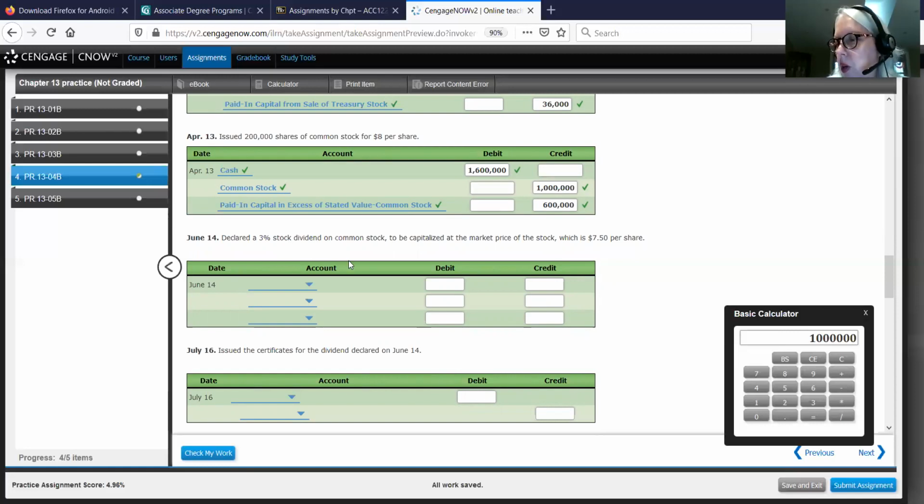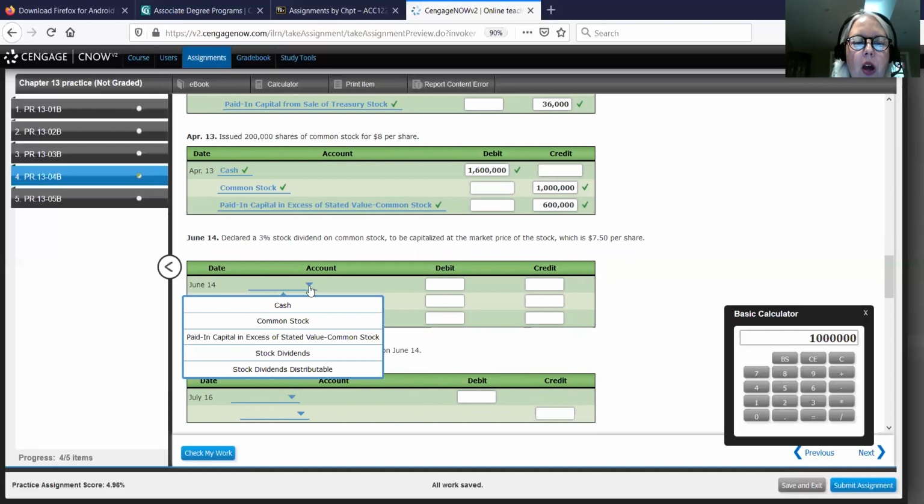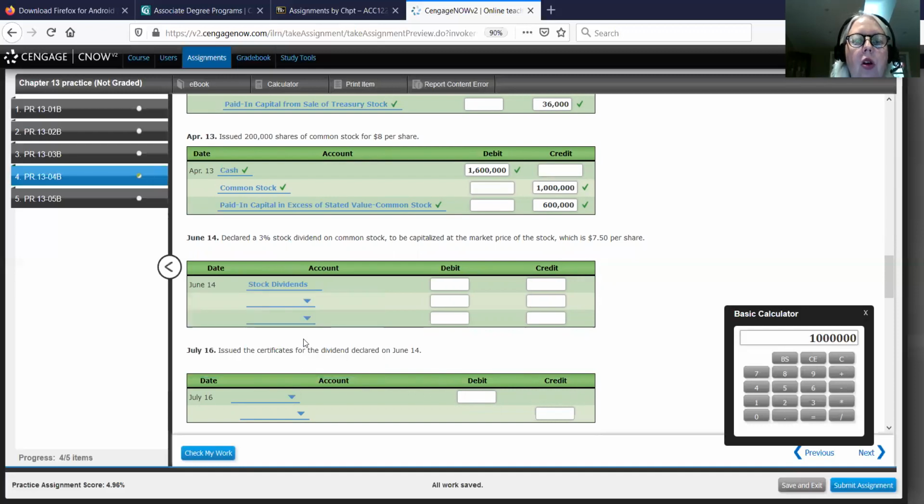And because we're doing that, we're going to have to debit the stock dividends account for the amount of the common stock dividend. It's similar to cash dividends in that it's got a normal debit balance. It is a stockholders' equity account. Actually, it belongs to retained earnings.